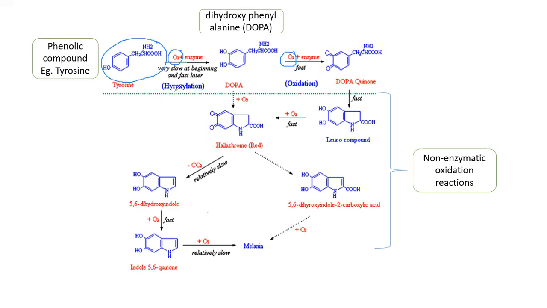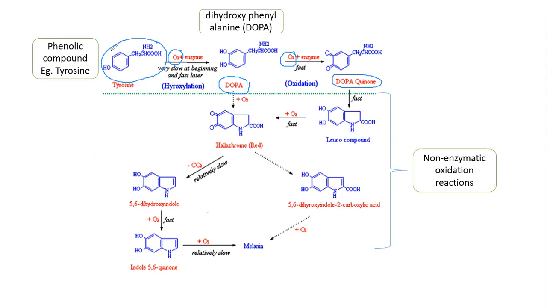The first reaction is the hydroxylation, where oxygen is a co-substrate and the enzyme converts it into dihydroxyphenylalanine, or DOPA. Then this DOPA is followed by the second kind of enzymatic reaction, that is oxidation. DOPA is oxidized to dopaquinone. So this is the enzymatic reaction part.